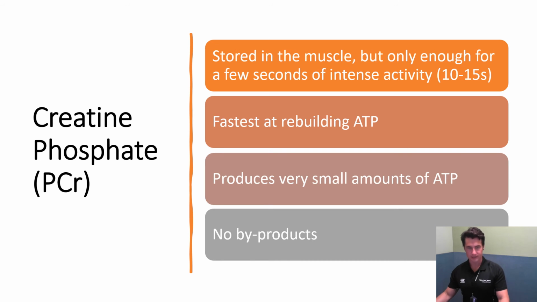So our creatine phosphate, ATP-PCR system: we have a storage of phosphocreatine in the muscle, but only enough for a few seconds of intense activity.